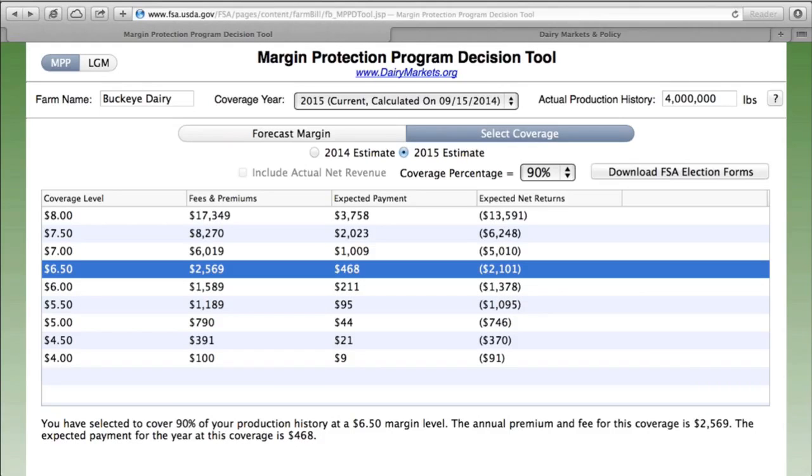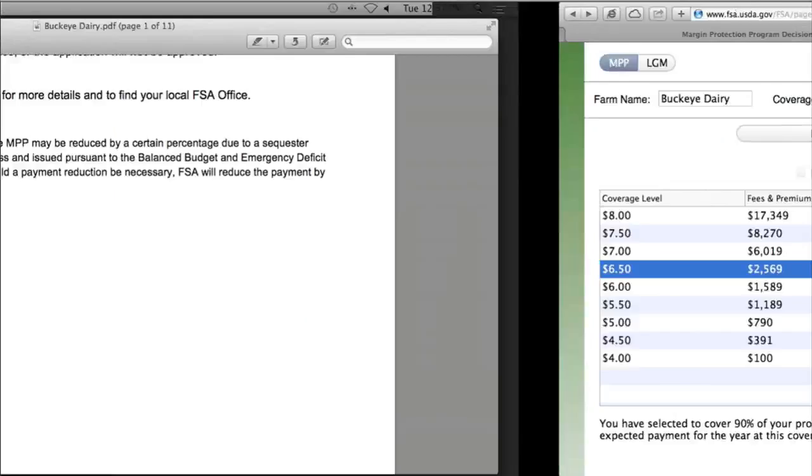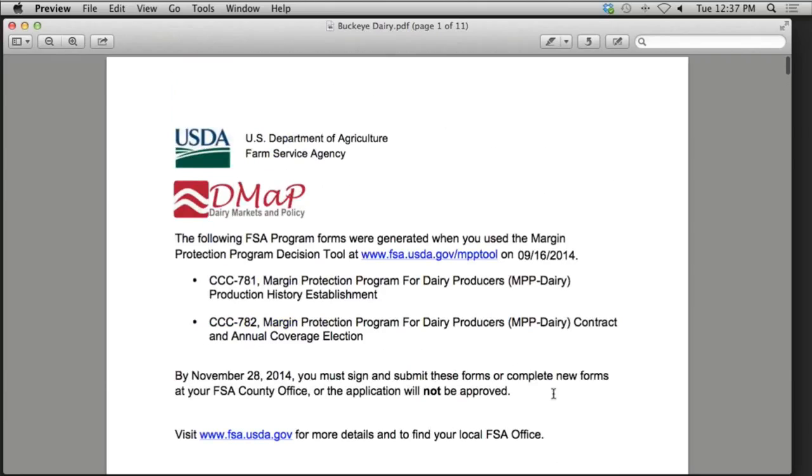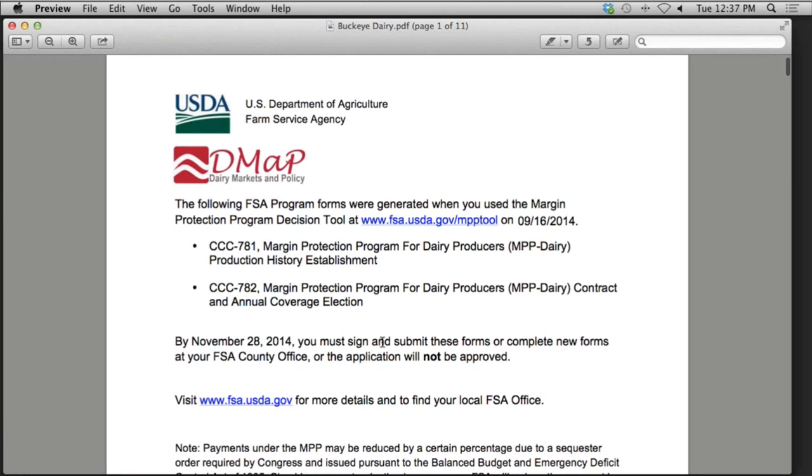Here's what they look like. So here we have a cover letter that says the following program forms were generated using the decision tool on September 16th. These are the forms that have been generated, and by November 28th, you must sign and submit these forms to your FSA county office or the application will not be approved.